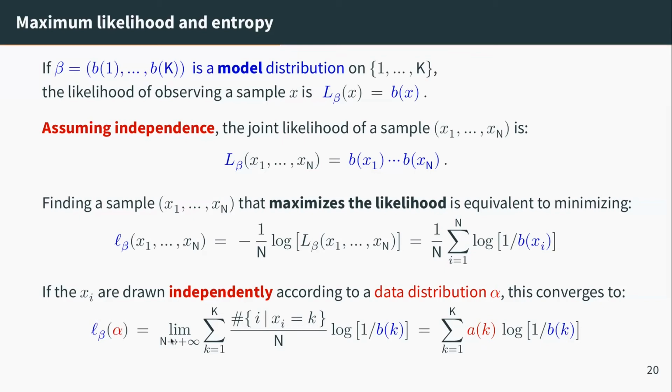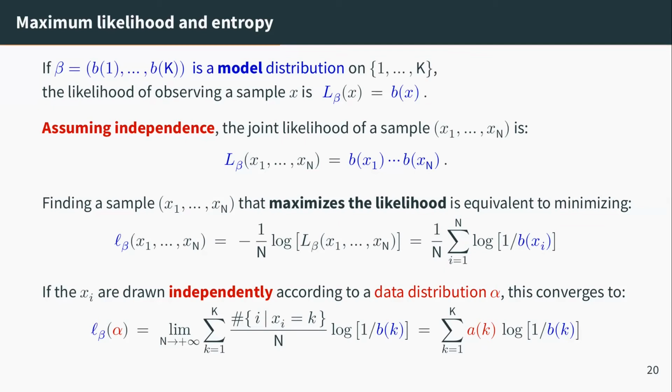Well, it's the limit when n tends to plus infinity of this sum. So we have n terms in this sum. But the thing is that this value only depends on the value of xi. So we can group terms in this big sum depending on how many samples were equal to 1, how many samples were equal to 2, how many samples were equal to k.